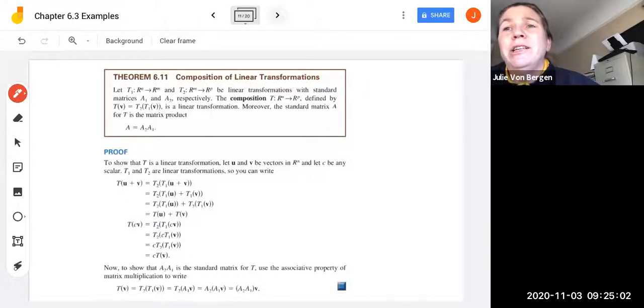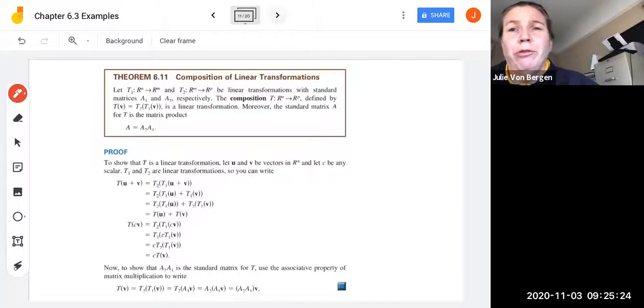So the composition T mapping from Rn to Rp, defined by T of V equals T2 of T1 of V, is a linear transformation. Moreover, the standard matrix A for T is the matrix product A2 multiplied by A1. We have to make sure that our matrix product is in the same order as our composition.